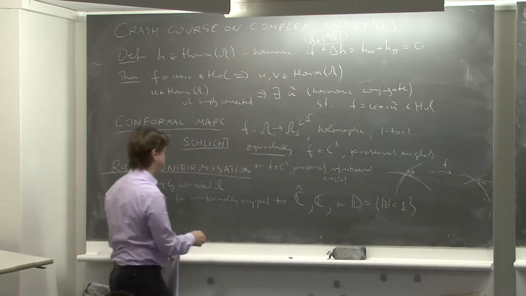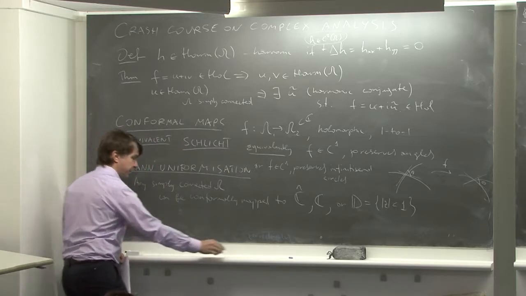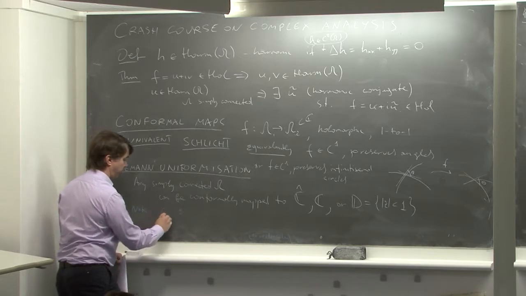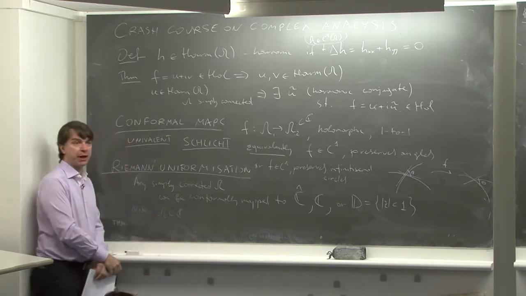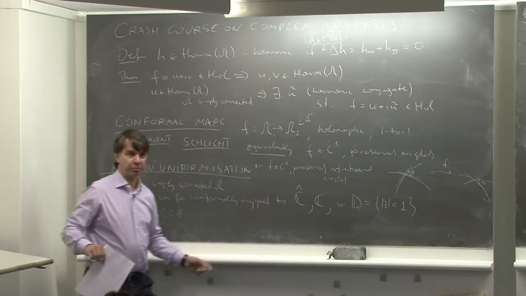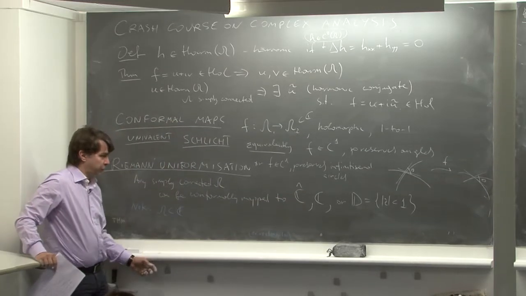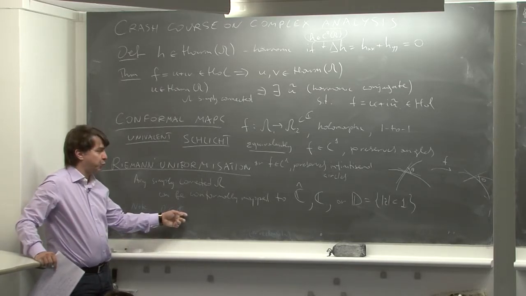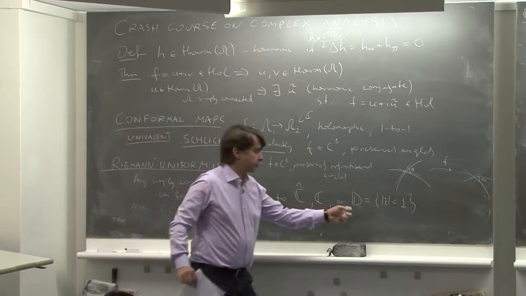Now, of course, a note. If omega is inside the complex plane, then it cannot be mapped onto the complex sphere, because if it's missing at least one point, it is mapped here.